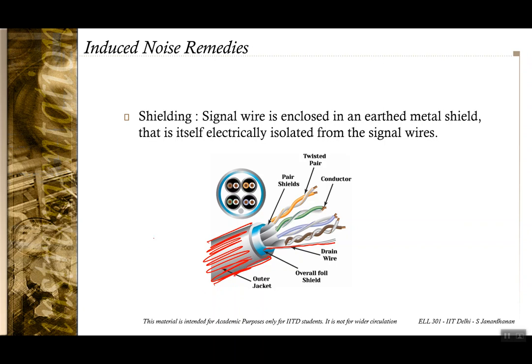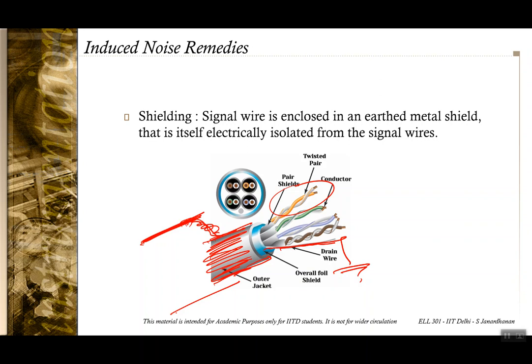And so for any coupling, let us say there is a power cable here. The power cable tries to couple with the circuit here, with the wires here, but since this drain wire is connected to the ground, it couples very much more easily with the sheath than with the signal wire.